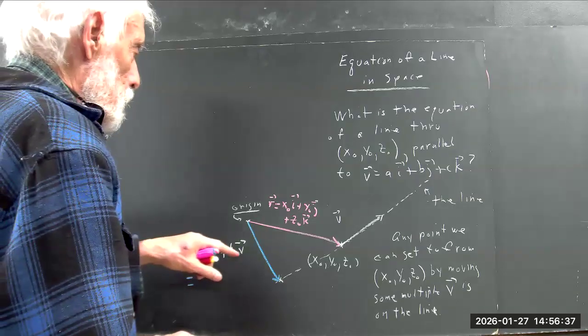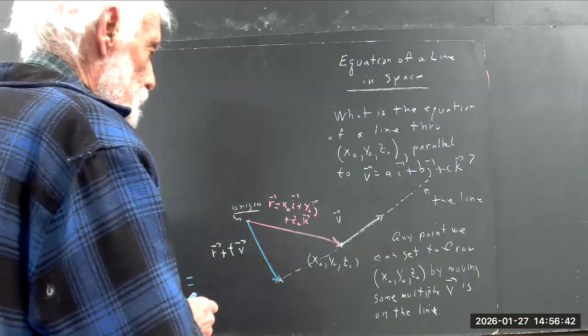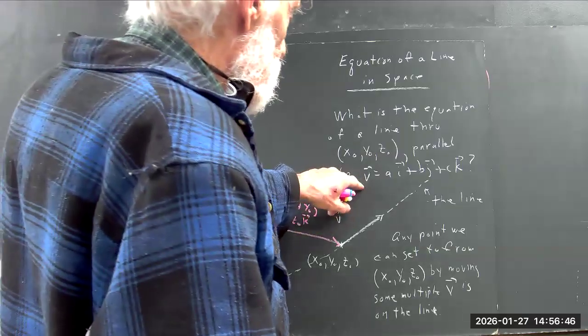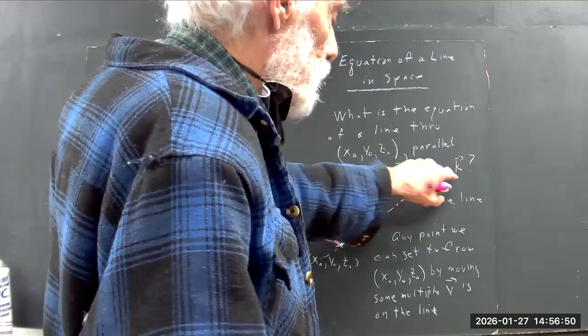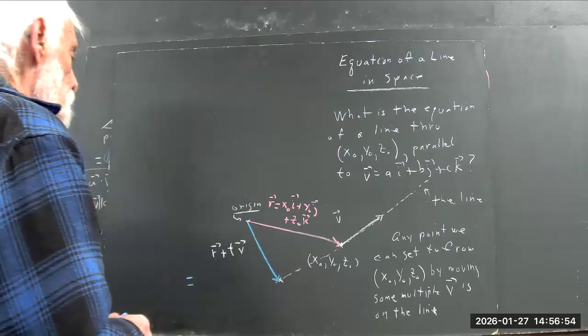Well, R plus tv. We've already said that v is going to be represented by the vector ai plus bj plus ck. Fairly standard notation seen in most textbooks.